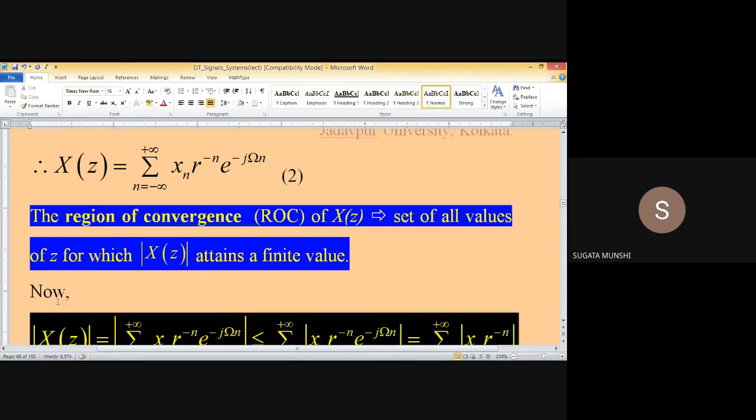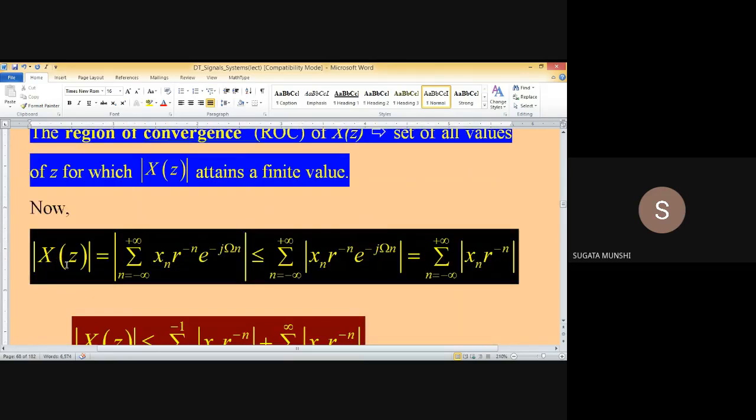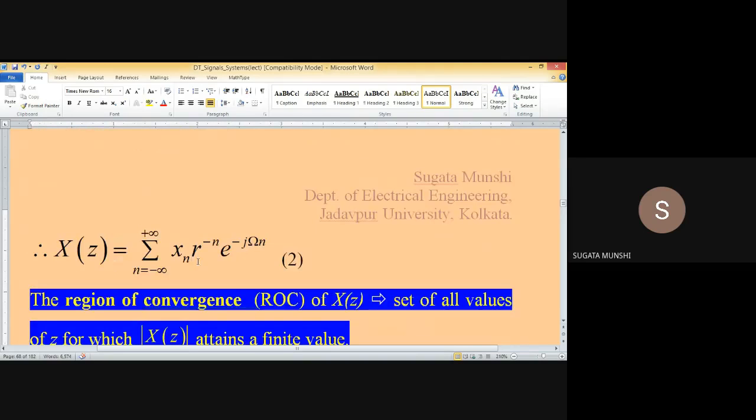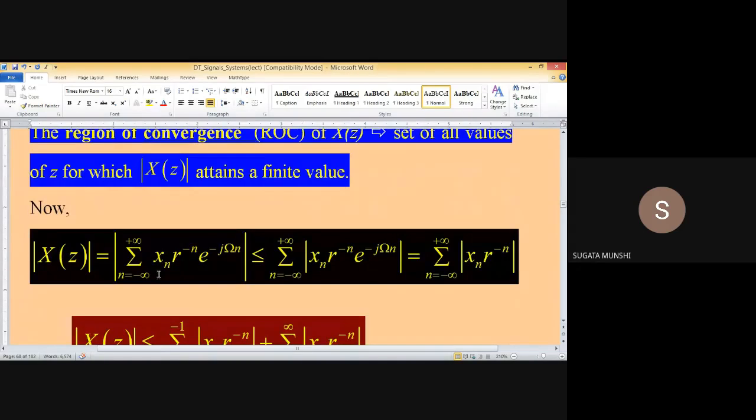I have considered the magnitude of X(z), because this is the expression for X(z) that I have considered. It is the magnitude of this summation, and the obvious inequality that we can write is that it is less than or equal to the summation of the magnitude of x[n] r to the power minus n e to the power minus j omega n.